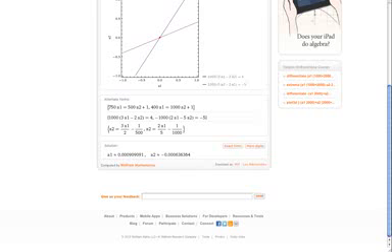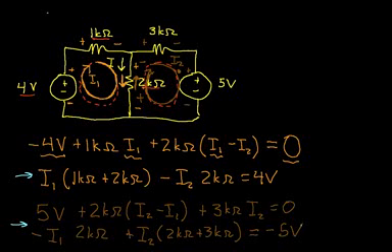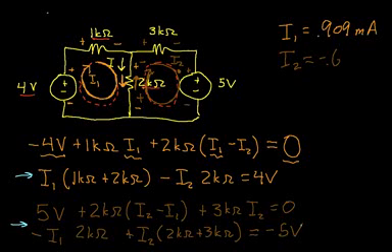Okay, so if we go back to our circuit diagram, we have now that I1 was 0.909 milliamps. I2 is minus 0.636 milliamps.